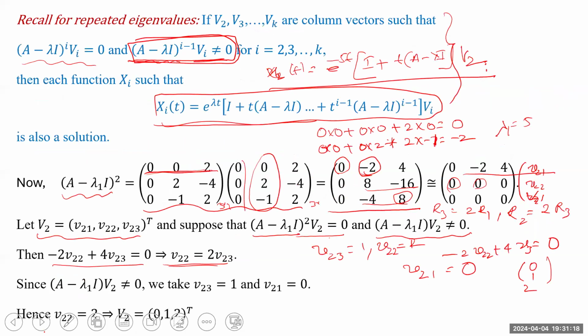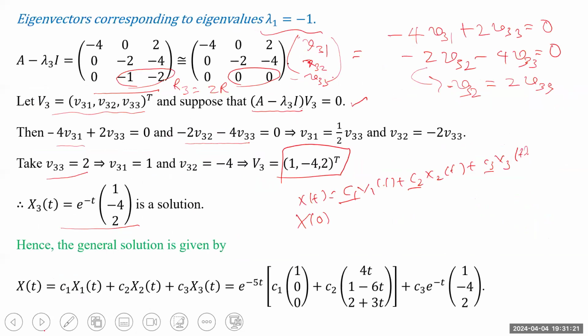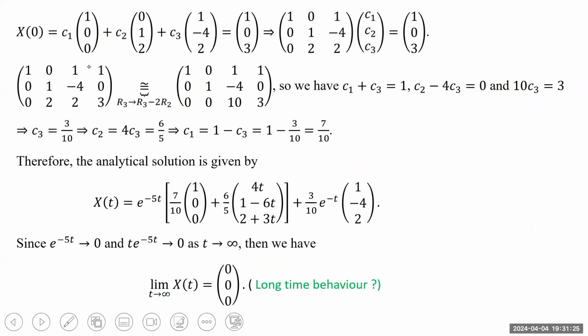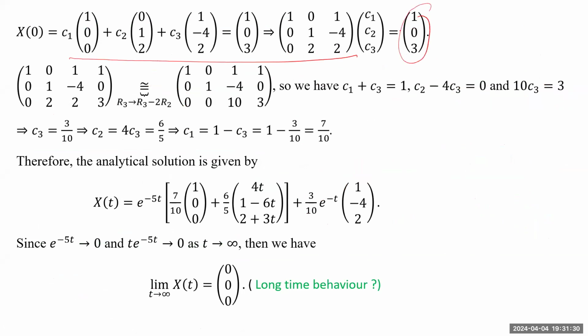So using that, equating the corresponding equations, we get this matrix: 1, 0, 1; 1, 1, minus 4; 0, 2, 2, and the right hand side is 1, 0, 3. So again, apply the row echelon form.